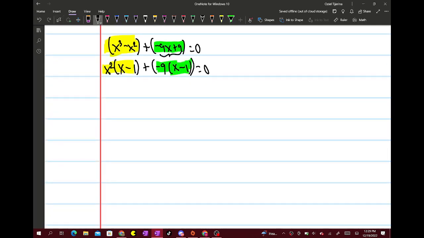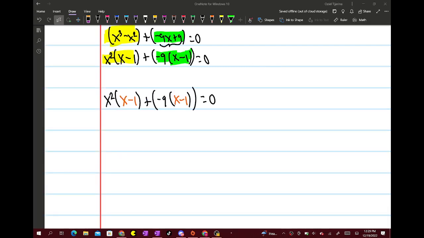Now, if you notice, you can factor out an x minus 1. So if you make u equal to x minus 1, you have x squared times u. So let me write this down.